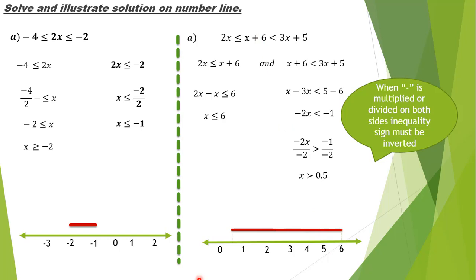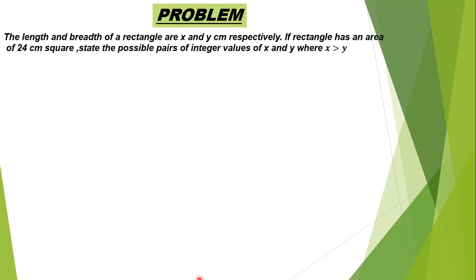Let us now dig deep into the topic by complicating the issue further. If we consider this problem, we have the length and the breadth of a rectangle as x and y centimeters respectively.